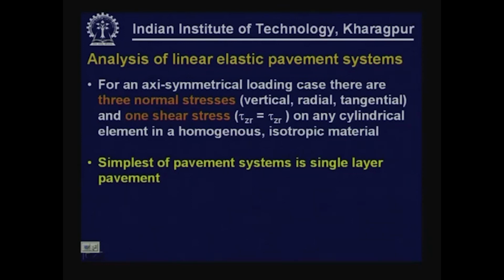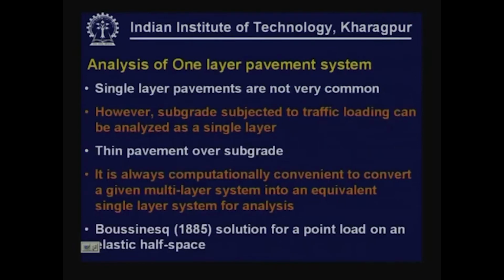The simplest of pavement systems is a single layer pavement system. Let us consider the analysis of a one layer pavement system. Although you normally do not find any single layer pavement system, because pavements normally comprise different layers, if we are trying to find out the stresses the subgrade is subjected to, it can be analyzed as a single layer system.